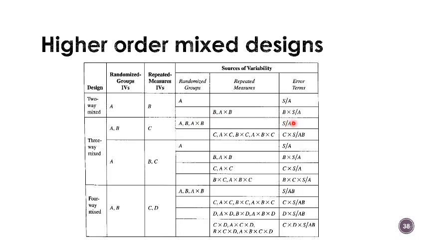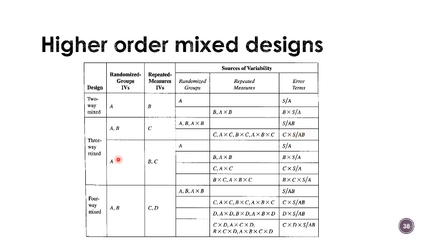That's it. Anything that's C, or C with A, C with B, or C with both A and B, so down here C, A by C, B by C, and A by B by C, will get one error that's C times S within AB. So all of those effects get one error.